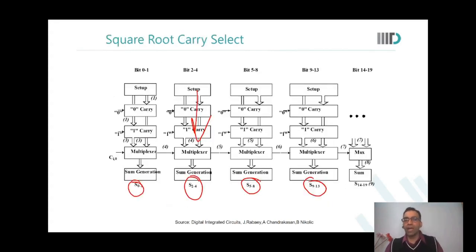And when you do that, what you achieve is that even though you are rippling across 5 or 6 bits here, because they are most significant bits or close to the most significant bits, the select signal anyway would take a long time to come here.